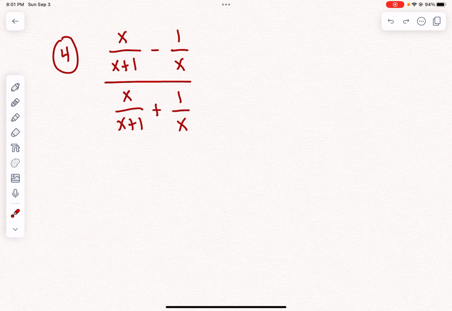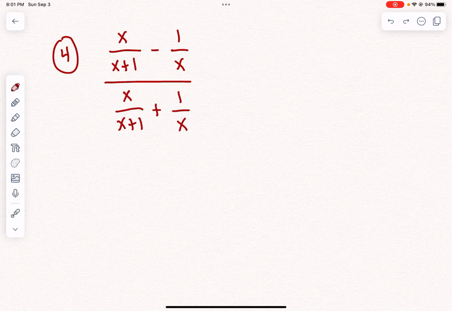If you go back to question number 2, there was only really one denominator present, and that was x plus 2. But here in question number 4, we have different denominators that we have to take into account.